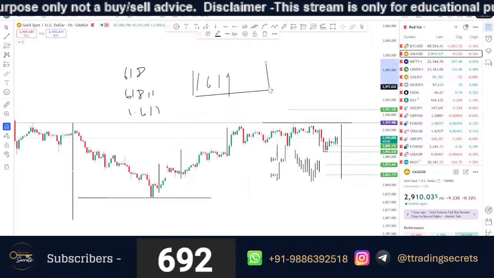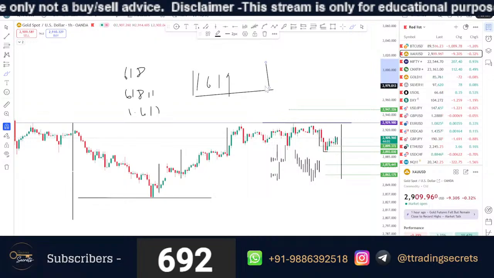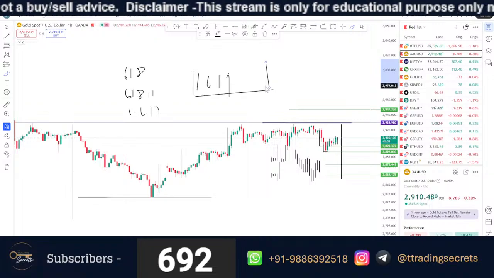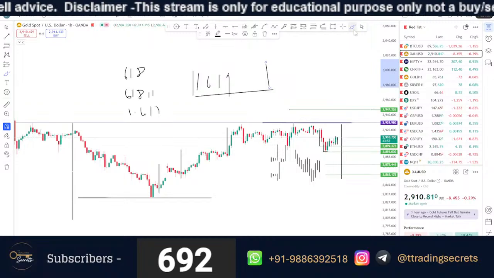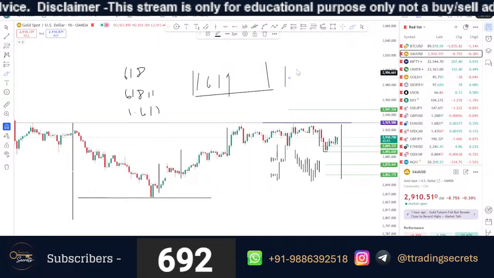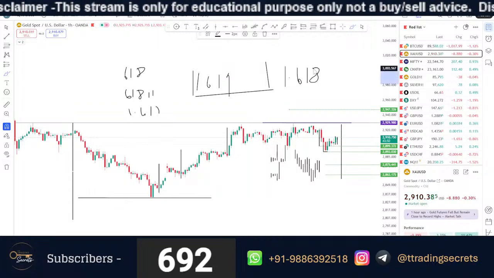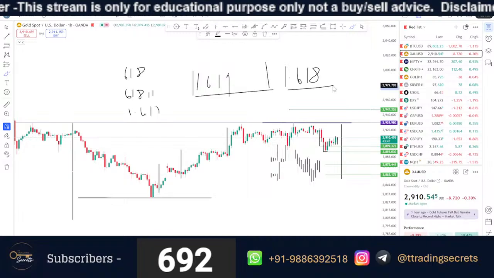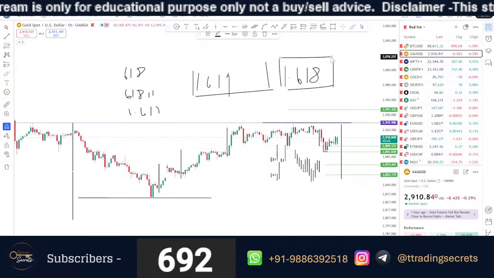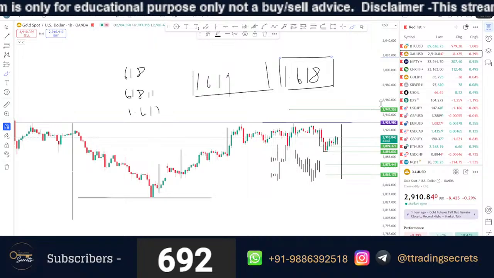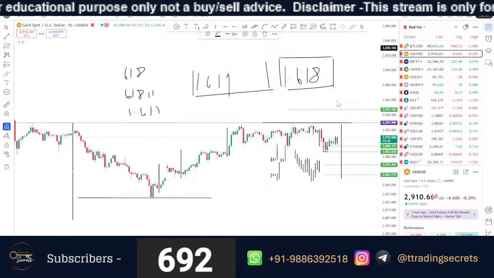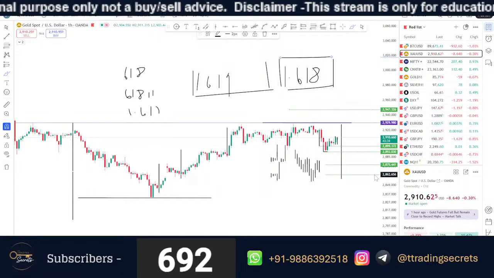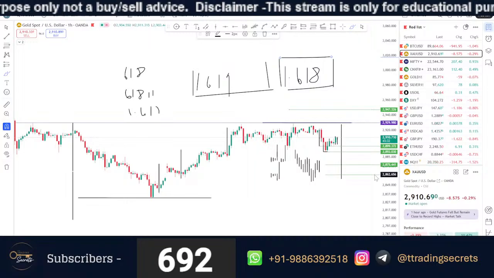Because of those variations, the number varies. So up and down 2 points is okay. Why I am giving you this exact number of 1.618 is because that is the exact golden ratio number. That's the major understanding people need to have at this range.